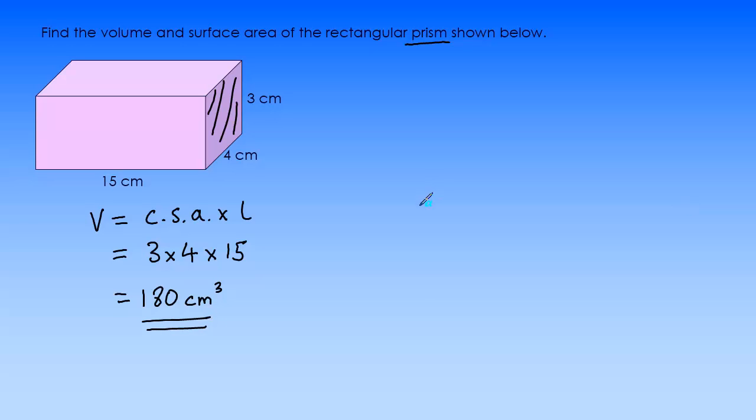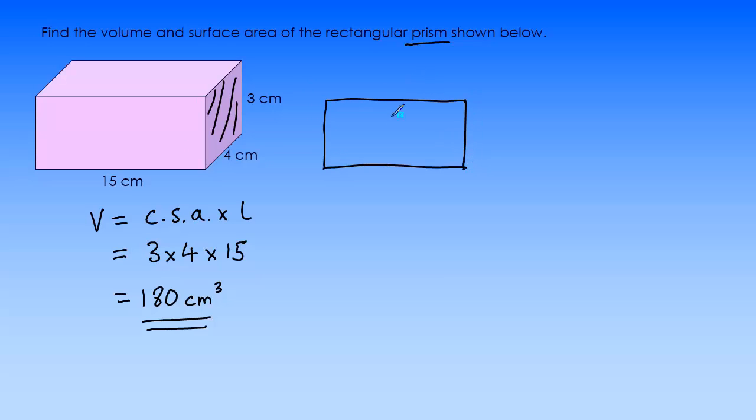Now for the surface area, one way of doing this is to draw the net of the shape. You don't have to do that. I'm going to do this one by drawing the net because quite often you're asked to do that in questions, but it's not actually necessary. So if we think about this rectangle here, this one is 15 by 3.